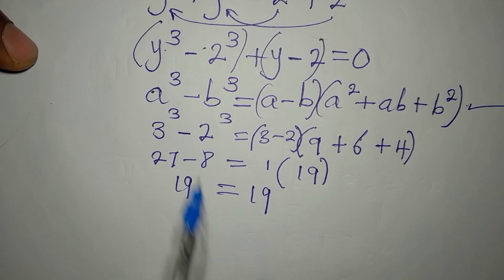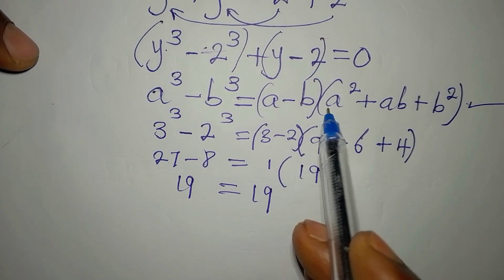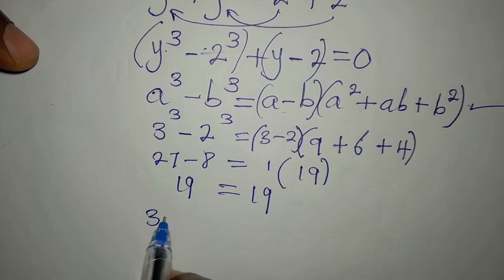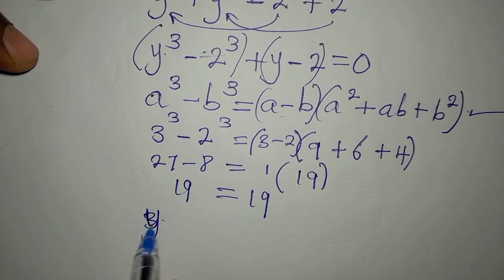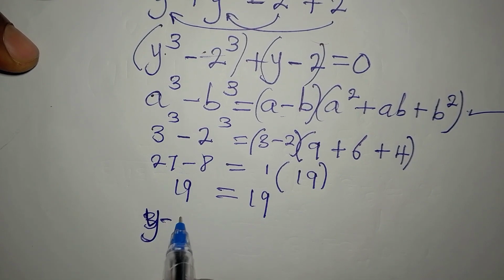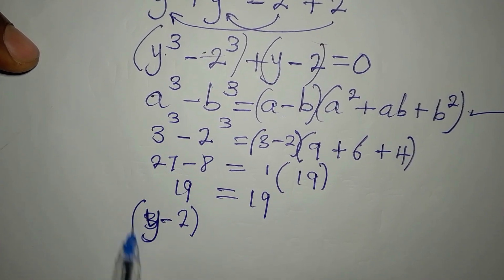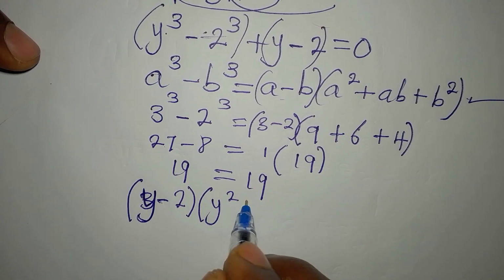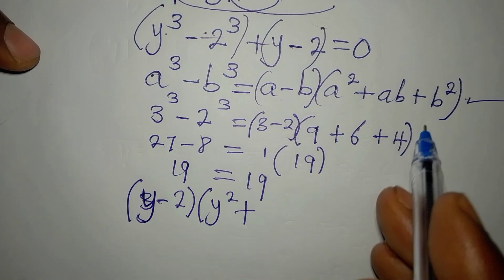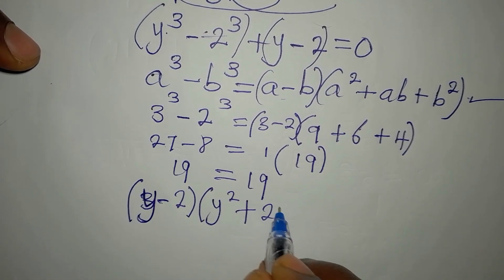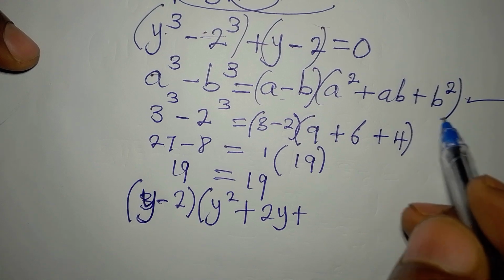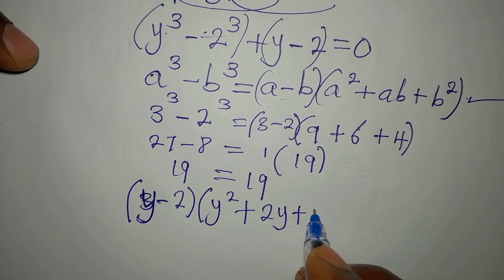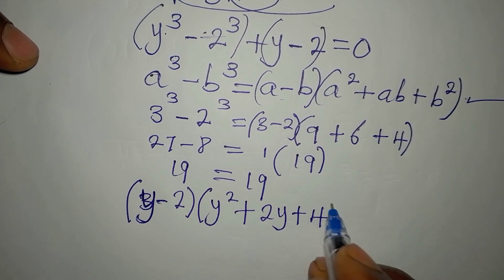So you can see that this standard works. So let's express this now in this form, so that a minus b becomes y minus 2, because our b is 2. Then we now have a squared, which will be y squared, plus ab, that will be y times 2, and it's 2y. Then plus b squared, that is going to be 2 squared, and it is equal to 4, right? So write 4 here.